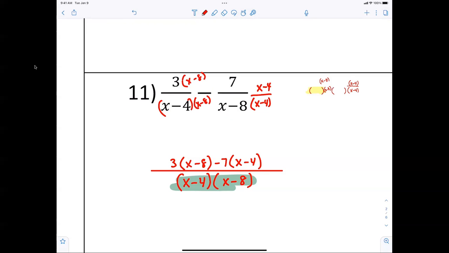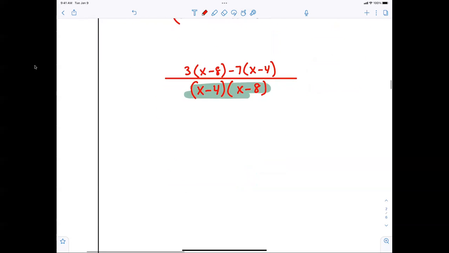And now we're just distributing. If I distribute the 3, I get what? 3x minus 24. Now distribute the negative 7. Negative 7x plus 28.